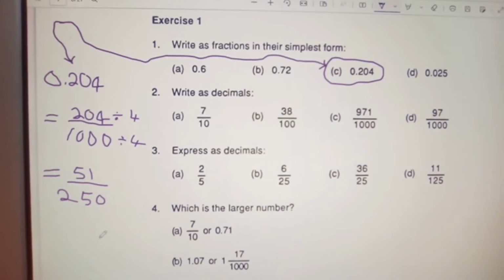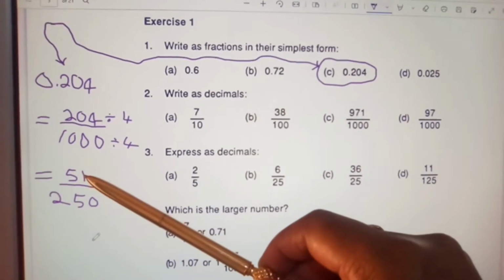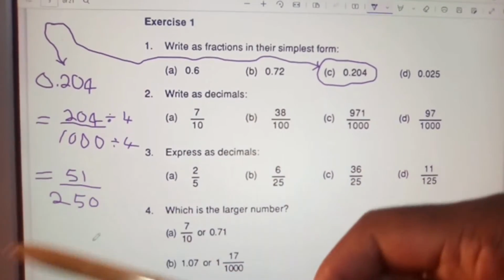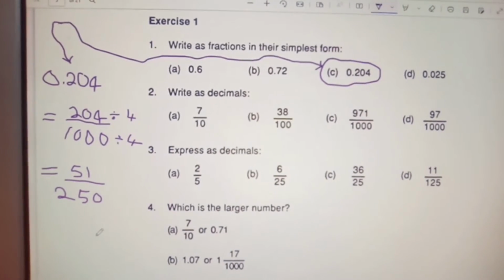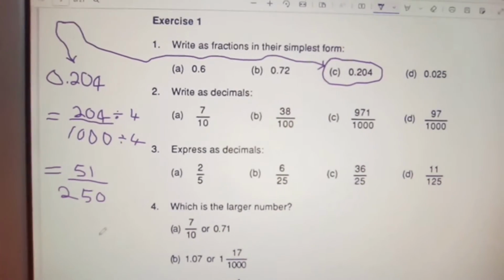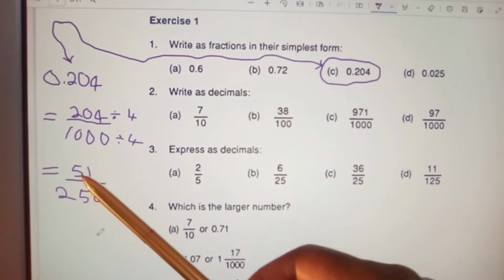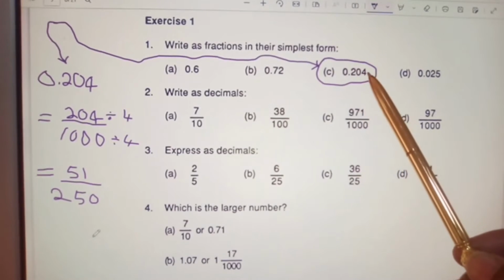So what I'm going to determine now is, when I divide 51 by 250, and I'm going to use a calculator, feel free to use your calculators. Get used to them. They are a tool to help you resolve mathematical equations, so use them for that purpose. Now when I divide 51 by 250, it should give me 0.204.